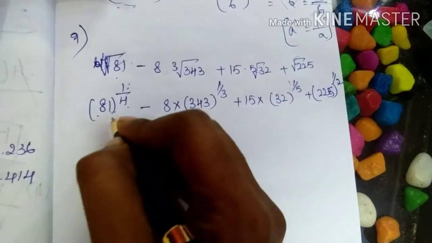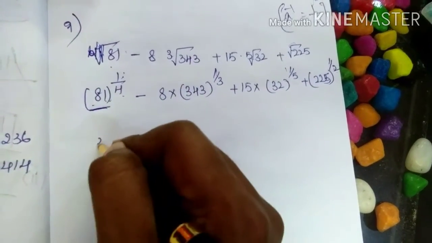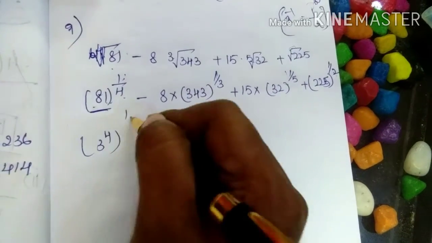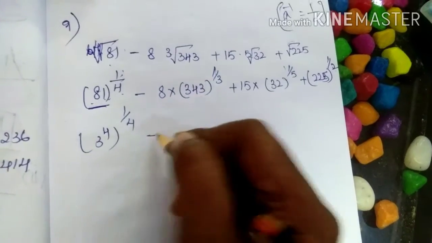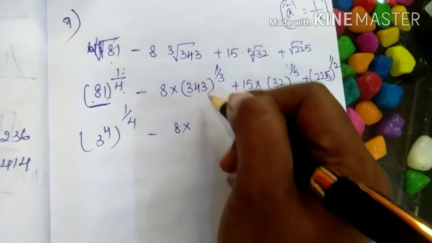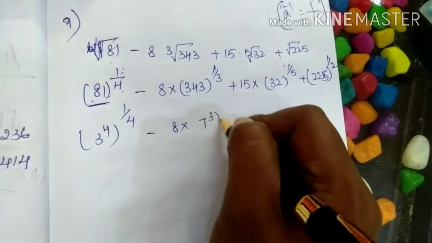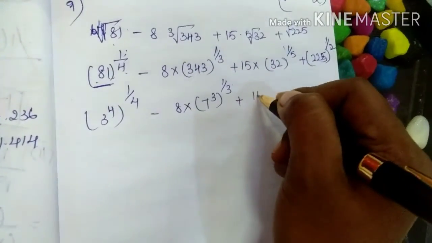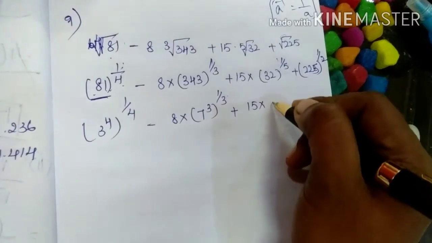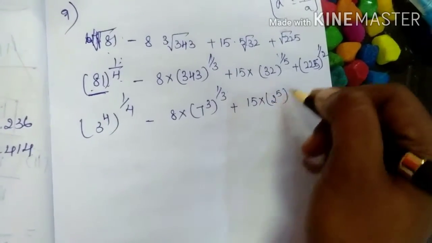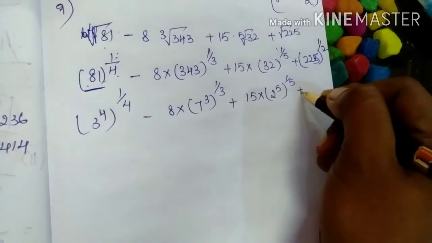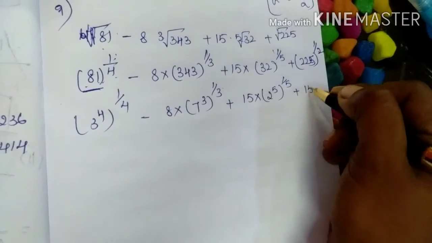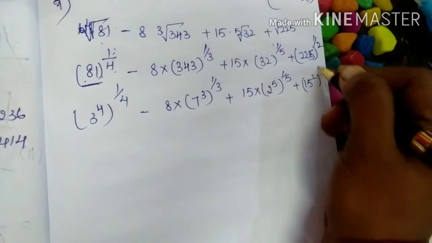Clear? Now this 81 can be written as 3 power 4 whole to the power of 1 by 4, minus 8 into this 343 written as 7 cube to the power of 1 by 3, plus 15 into 32 written as 2 power 5 whole power 1 by 5, plus 225 written as 15 square whole to the power of 1 by 2.